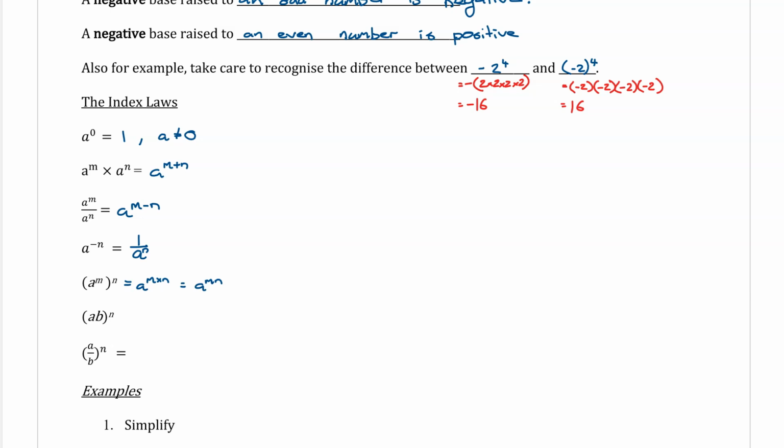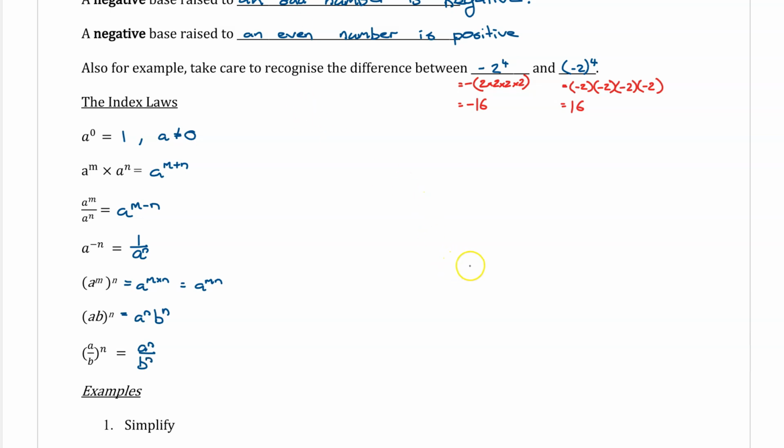And similarly with ab to the power of n, n will multiply everything, or everything inside the parentheses will be raised to the power of n. So it will be a to the n times b to the n, like so. And this is similar with fractions raised to the power of n. It will be a to the power of n over b to the power of n, like so.